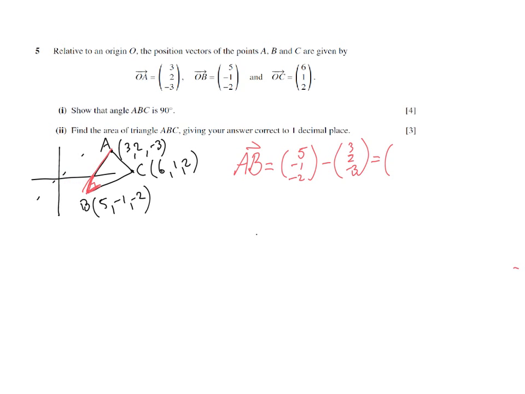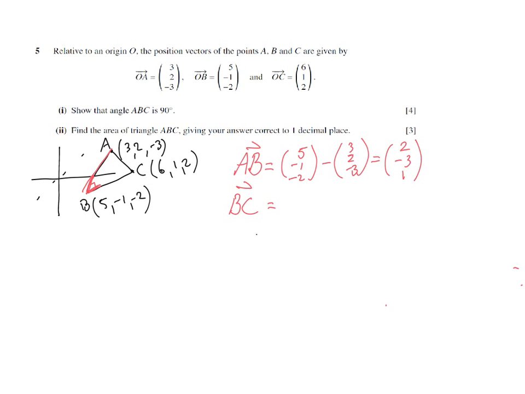And if you do that properly, what is that? 5 minus 3 is 2, minus 1 minus 2 is minus 3, minus 2 minus minus 3 will be 1. So that is AB. We need to do the same for BC. What is BC?